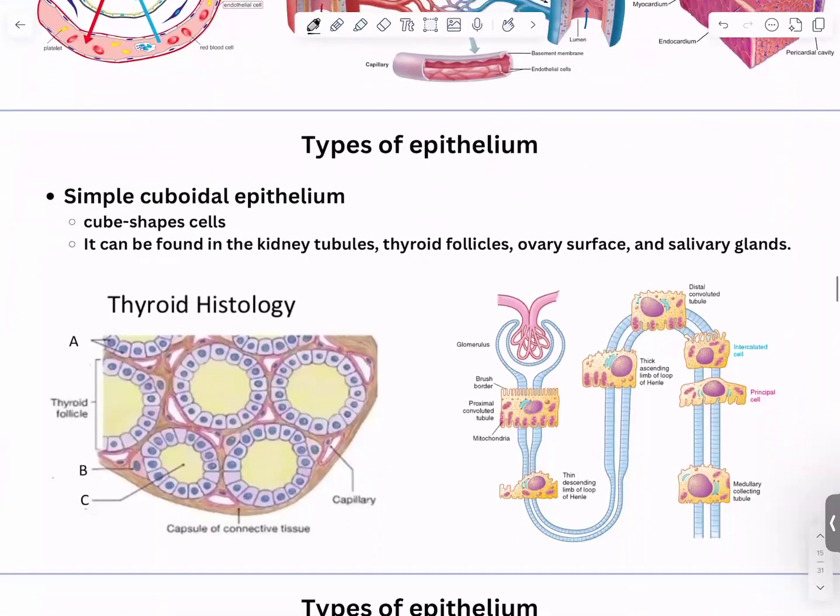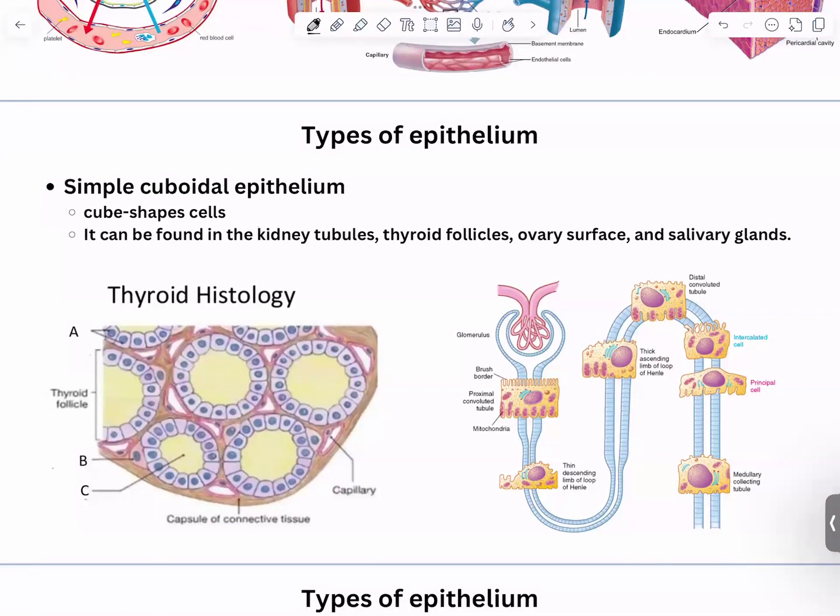Next one is simple cuboidal epithelial tissue. Cube cells, right? Very, very important location to remember, kidney tubules. And also thyroid glands. In the thyroid gland, which is in the neck of the human body, we have circular structures, right? It's a circle. Can you see cube cells? They're very cute.